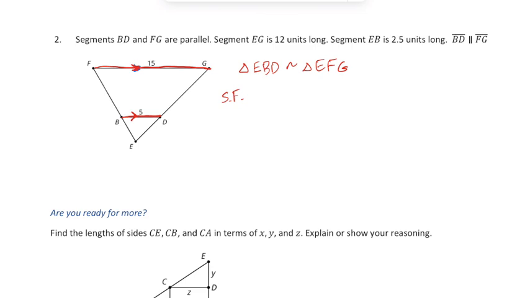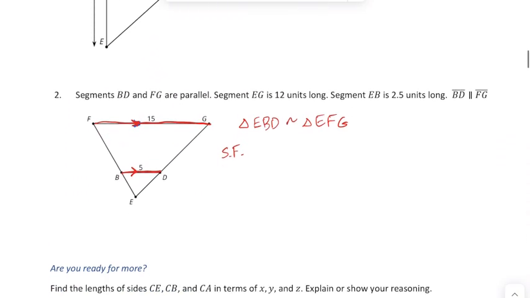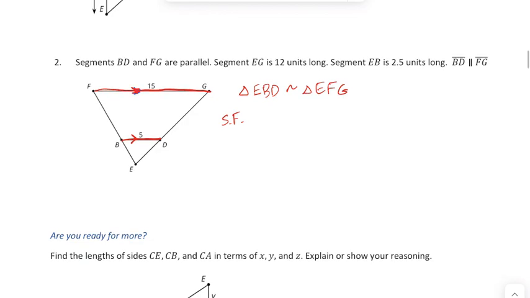So we have to find the length of each unlabeled side. So we need to find BE, we need to find DE, we need to find FB, and we need to find GD. Okay, so we know that segment EG, this whole thing, is 12 units. Segment EB is 2.5.